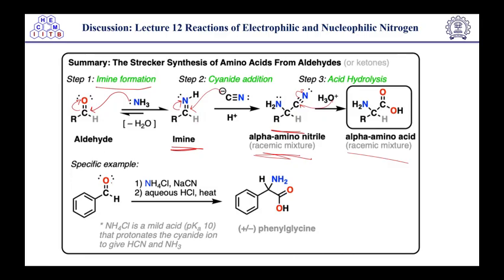Then we have a specific example, which is benzaldehyde, and the reaction of benzaldehyde with ammonium chloride and sodium cyanide. Next is HCl and heating. So what's happening here is that first imine formation takes place. You just do the reaction by yourself. Imine formation will take place, correct? After this imine, what will be the next thing?